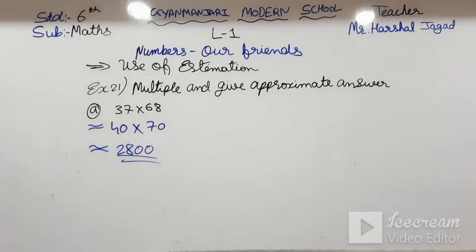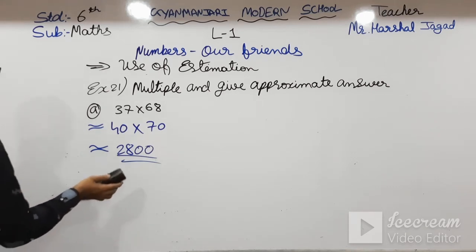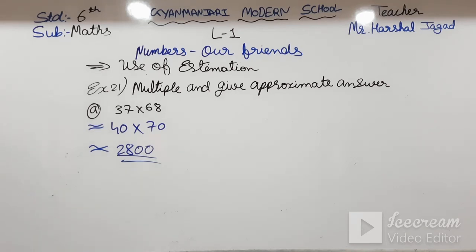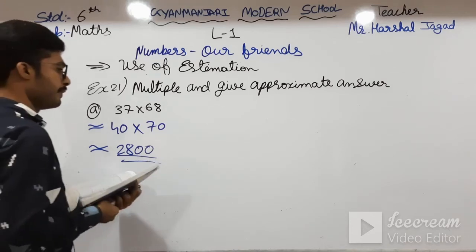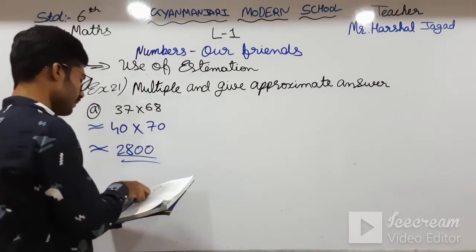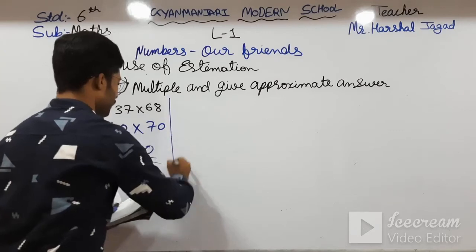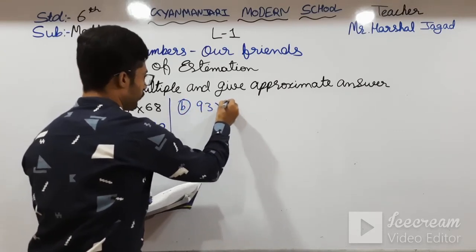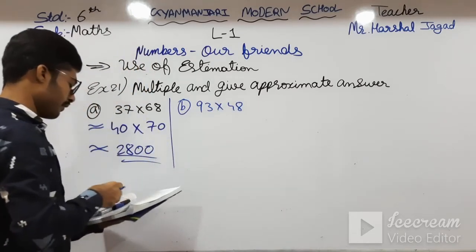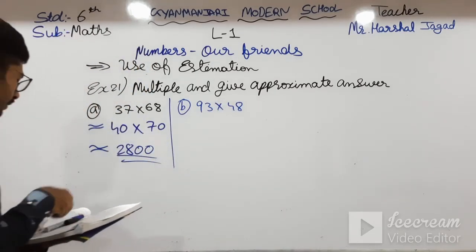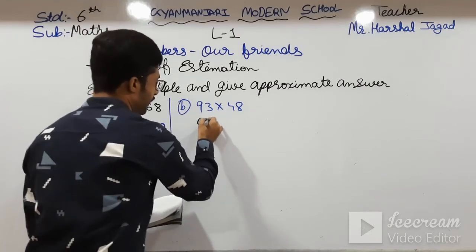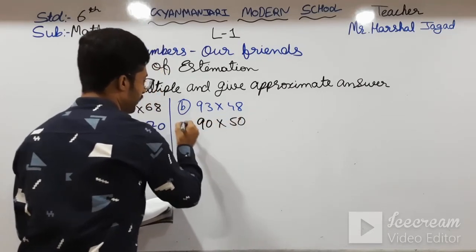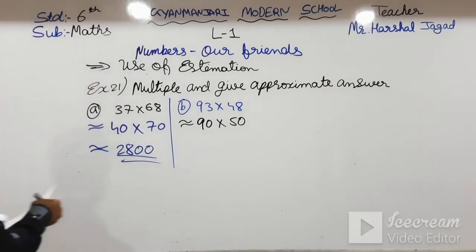Next, that is B, 93 into 48. First of all we will round off. So it will be 90 into 50. This is the approximate rounding off.